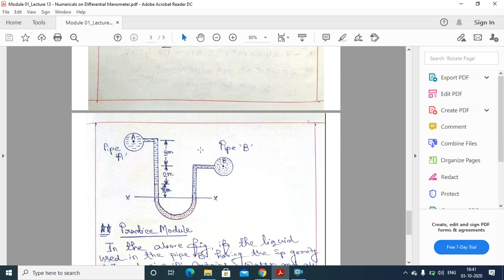Now above the h, the distance up to point B is 2 meter and the distance up to point A is 3 meter. So now we have to calculate the small h.